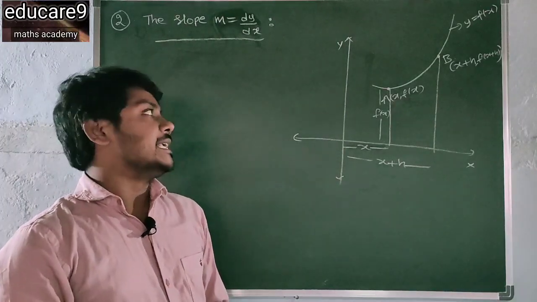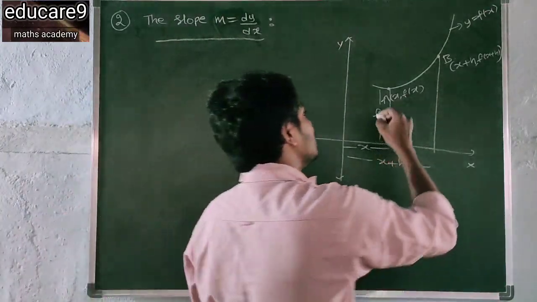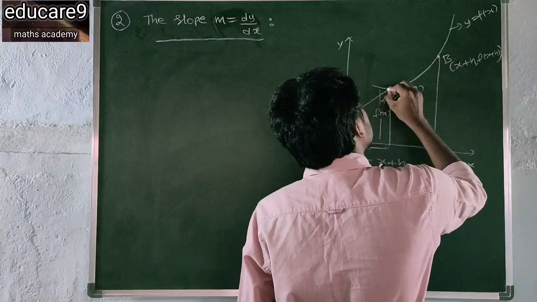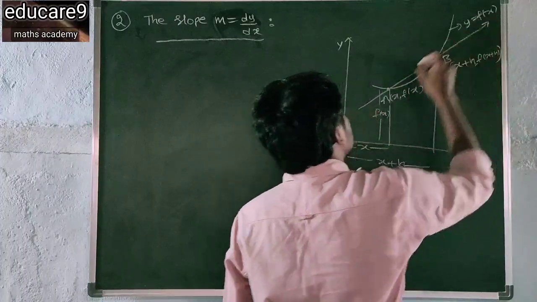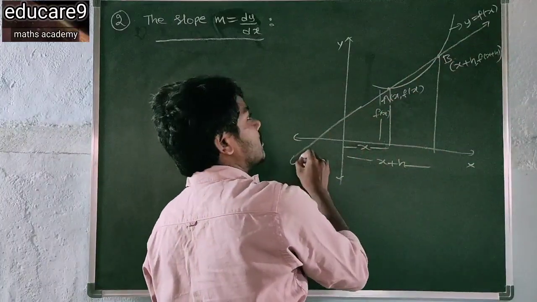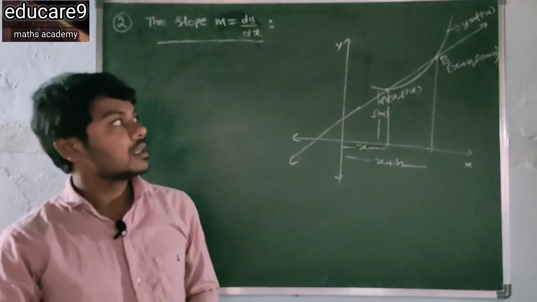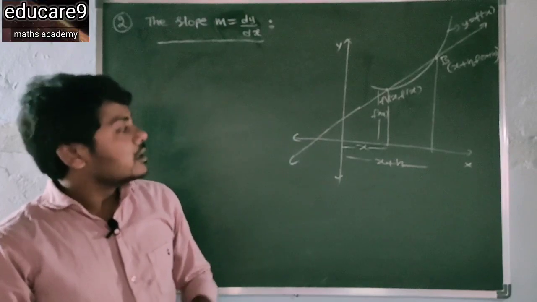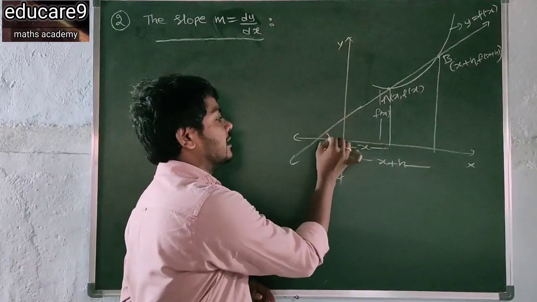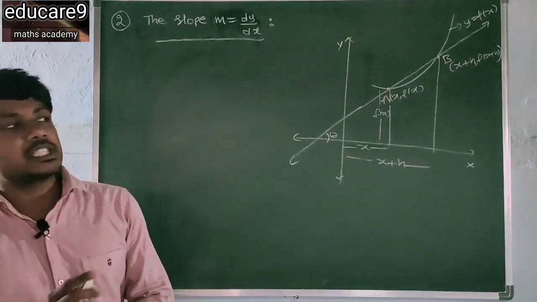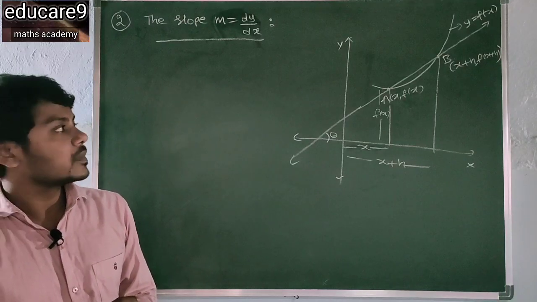Now draw the secant line through A and B. So this is the secant line, AB secant line. And this line makes an angle theta with the positive direction of the x-axis.